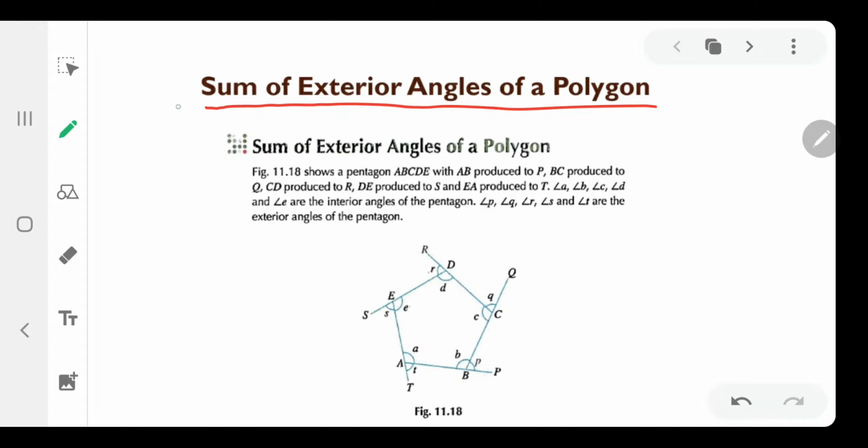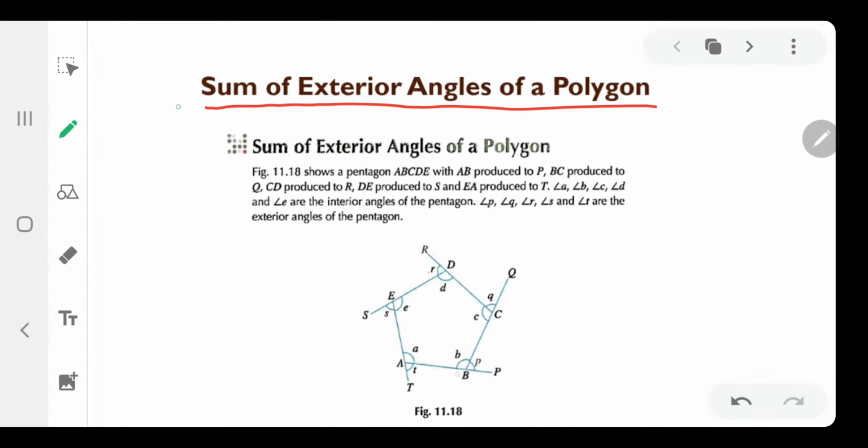We can see in this diagram a polygon which has 1, 2, 3, 4 and 5 sides. So we call it a pentagon. Previously we discussed what interior angles are.